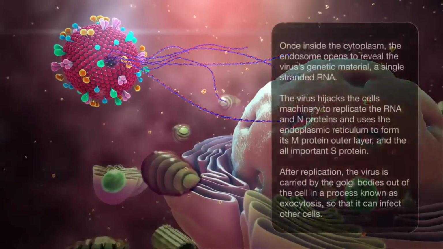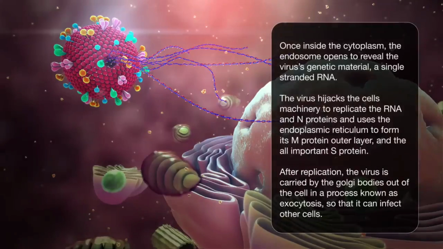Alternatively, as shown here, the human cell ingests the virus in a process known as endocytosis. Once inside the cytoplasm, the endosome opens to reveal the virus's genetic material, a single-stranded RNA. The virus hijacks the cell's machinery to replicate the RNA and N proteins, and uses the endoplasmic reticulum to form its M protein outer layer, and the all-important S protein.